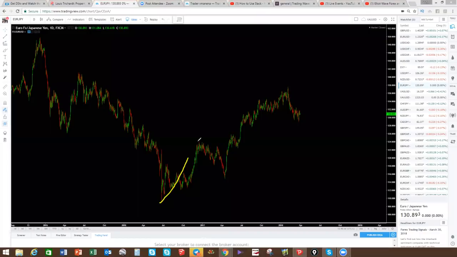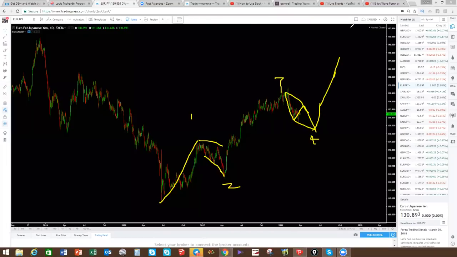So what I'm expecting here, we've got the move here, we've got the correction here. As you can see, this corrective structure, I'm expecting a similar corrective structure here for a move to the upside. Okay, so giving us 1, 2, 3, 4, 5.